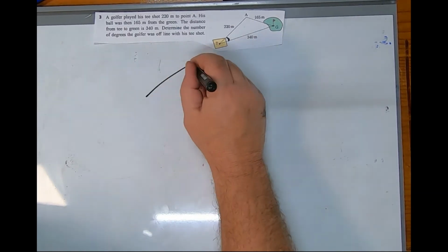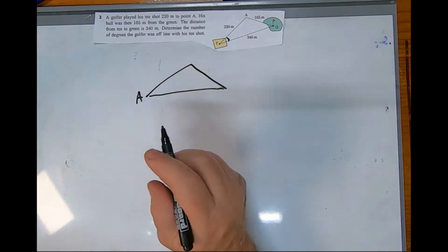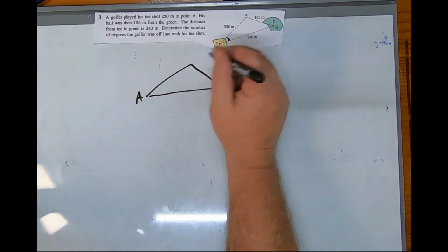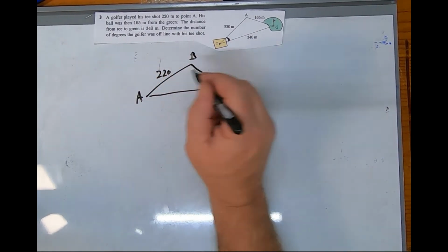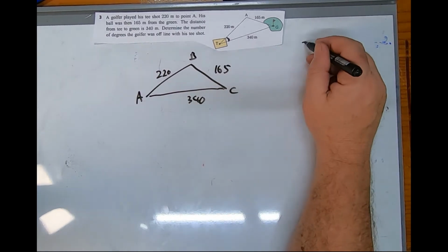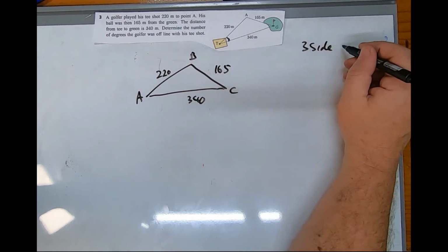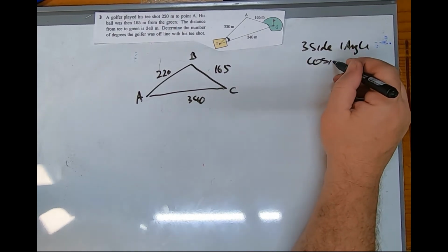Well, I am going to relabel these letters because I want to put an A here. B, C. Because I can already see that this question has 3 sides. I'm going to write it again: 3 sides, 1 angle. And so we're going to use the cosine rule.